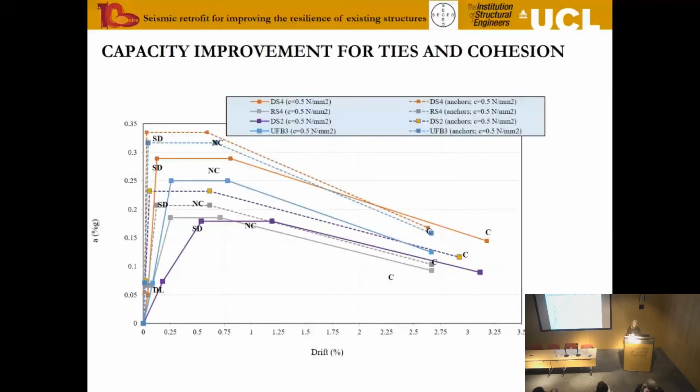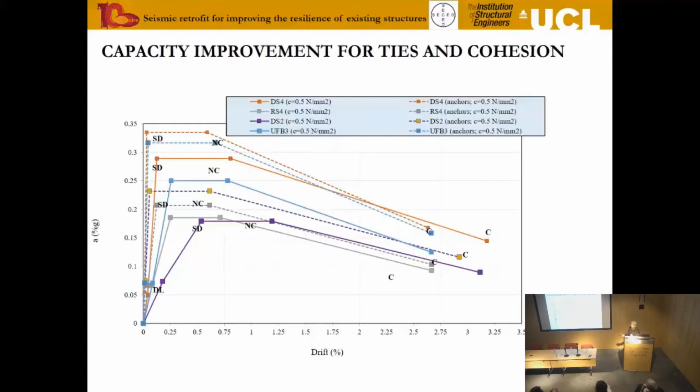We have done some analysis at very large scale, for instance, collecting data for hundreds of buildings in L'Aquila and developing very simple capacity curves for them, and we can see a clear marked improvement of the capacity besides what we see on site.